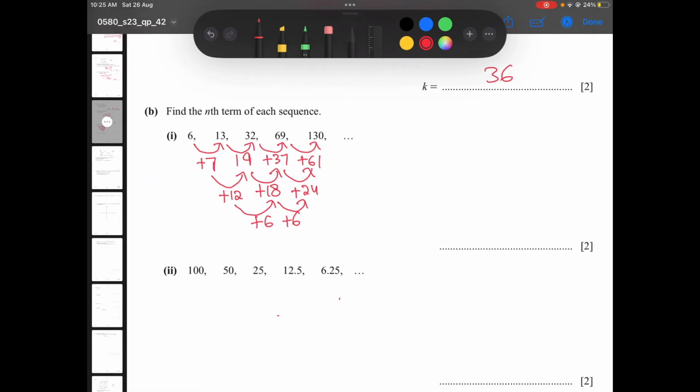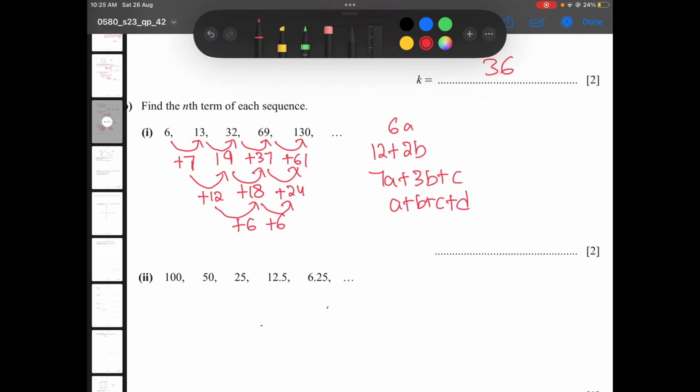The formula is 6a, 12a plus 2b, 7a plus 3b plus c, and a plus b plus c plus d. Now 6a is equal to 6, so hence a is 1. Now 12a plus 2b equals 12, so 12 into 1 is 12, 12 plus 2b equals 12, so hence b is going to be 0.